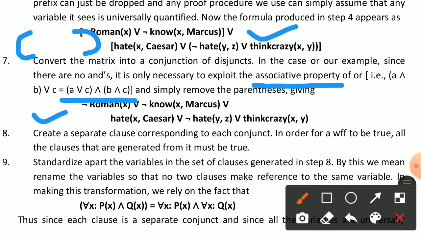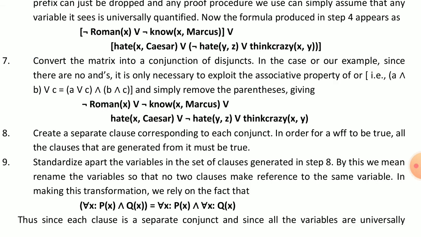Not Roman(x) or not know(x, Marcus) or hate(x, Caesar) or not hate(y, z) or think crazy(x, y). Here we can remove the square parenthesis and circle parenthesis in this step number 7.